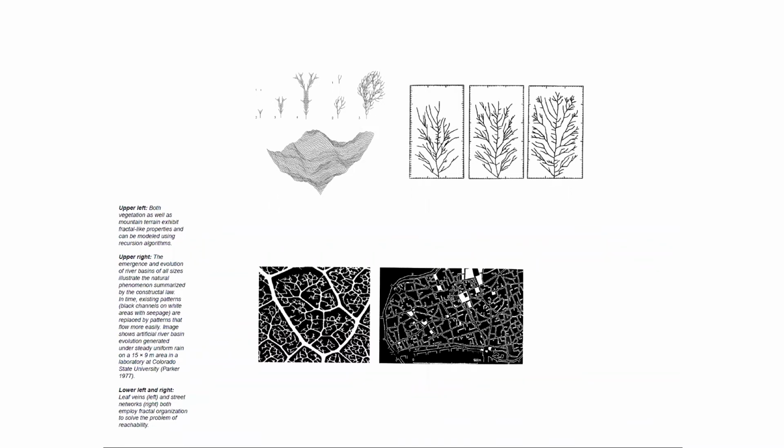This you can also use for the creation of landscapes. I think it was 2 lectures ago, I talked about fractal Brownian motion, which is an algorithm used to generate terrains, so landscapes.